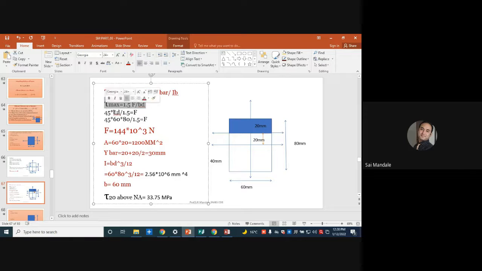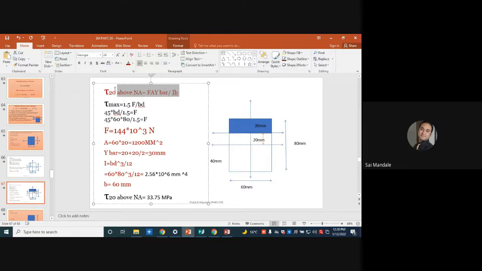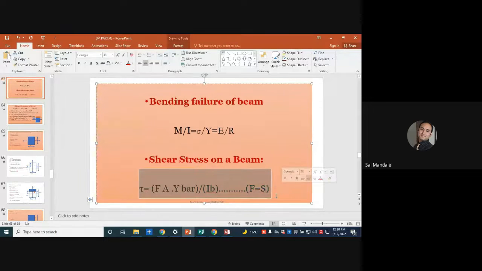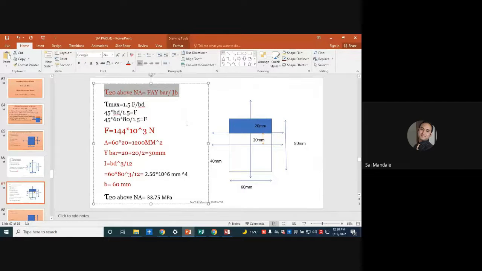Maximum tau is located at the NA, that is at the neutral axis. Tau 20 mm above NA is equal to F A y bar upon I B. This is our standard formula that I have shown you at the initial level.